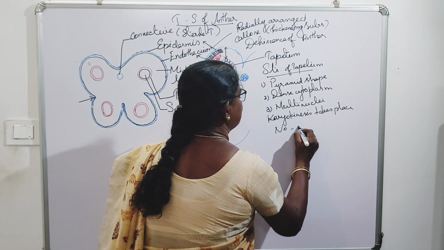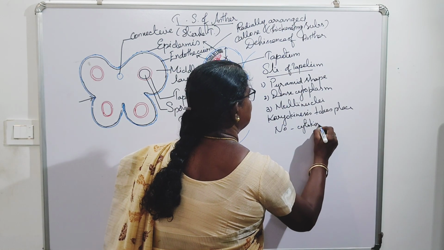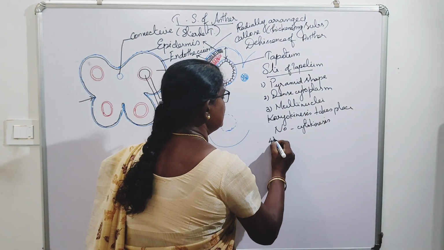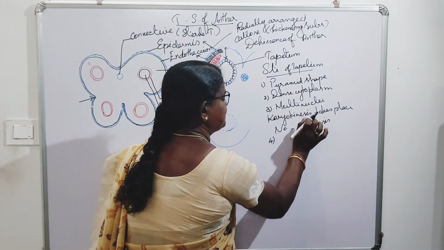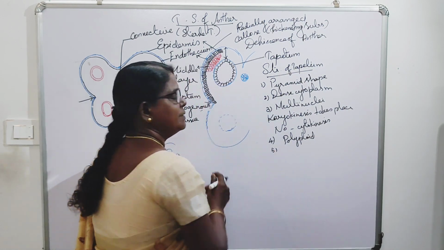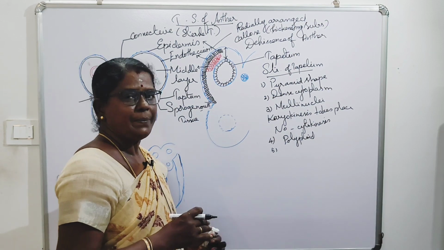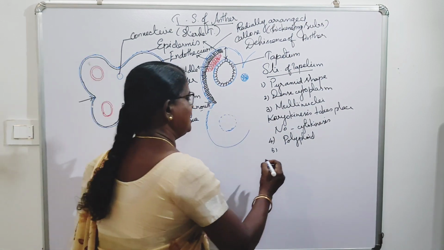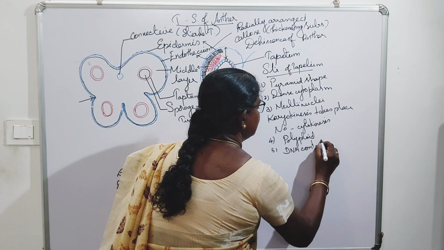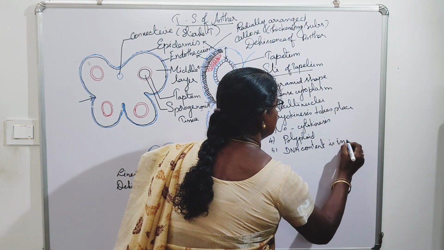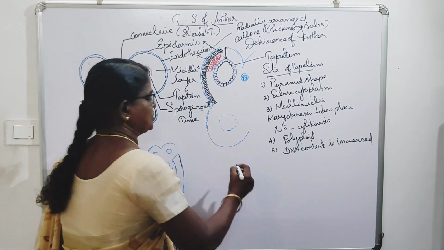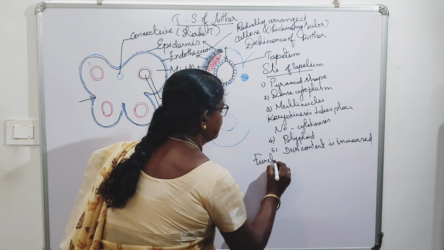They are polyploid. All the tapetal cells show increase in the DNA content. This is the structure.